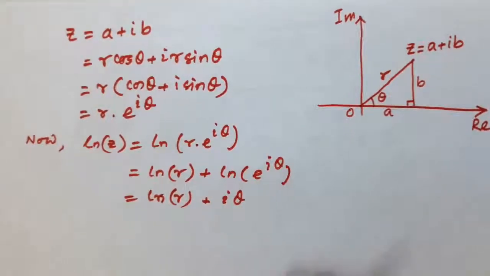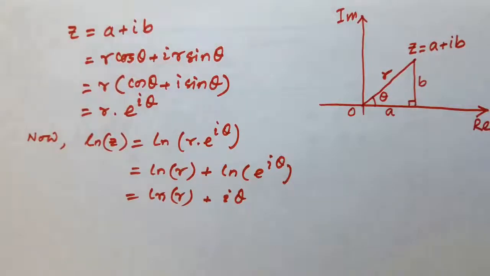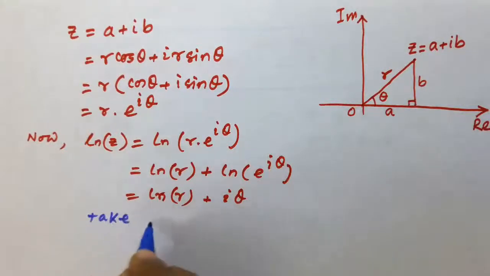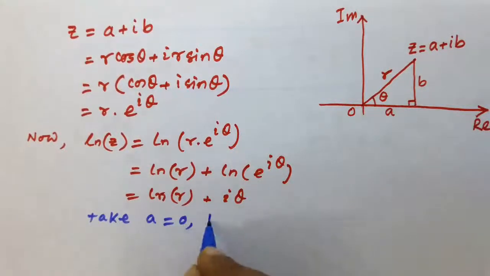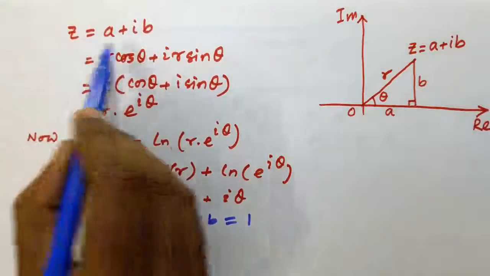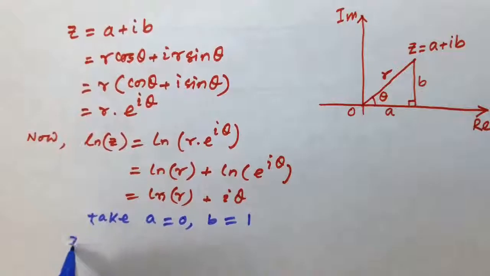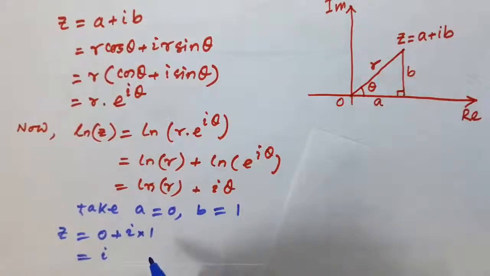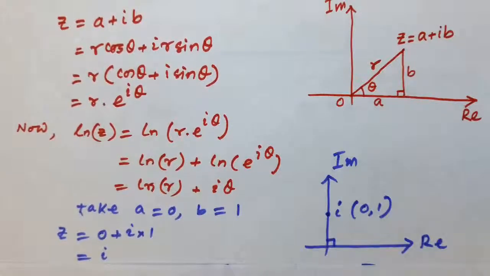If I take a is equal to 0 and b is equal to 1, the complex number z is equal to a plus ib will be converted to 0 plus I into 1, that is I. The complex number z is equal to I in the Argand plane will look like this.